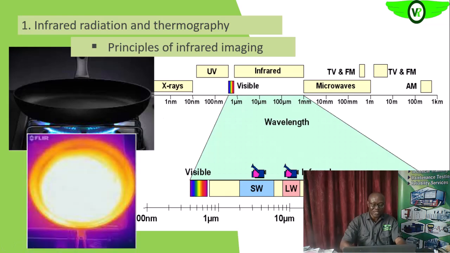And this is what we are seeing here. From looking at this thermogram, you see that the middle part of the saucepan, which is expected, is hotter than the circumference of the saucepan. Are we getting it? The conversion of the heat energy coming from this saucepan into a form that is visible to the ordinary eye is what is called infrared imaging, or infrared thermography.